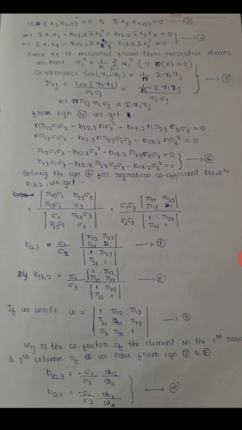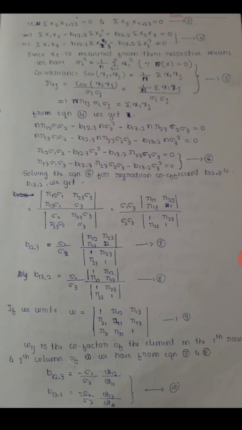From equation 4, we get summation x1 x2, which is n r12 sigma 1 sigma 2, minus b12.3 n sigma 2 square, minus b13.2 n r23 sigma 2 sigma 3, equal to 0.